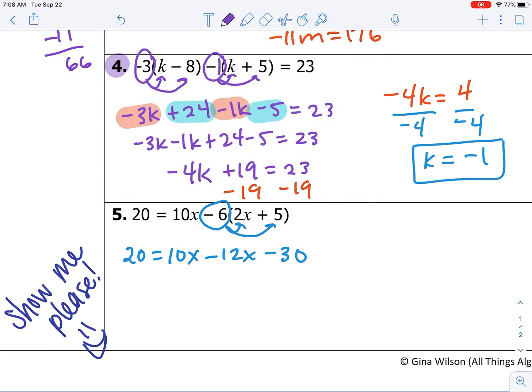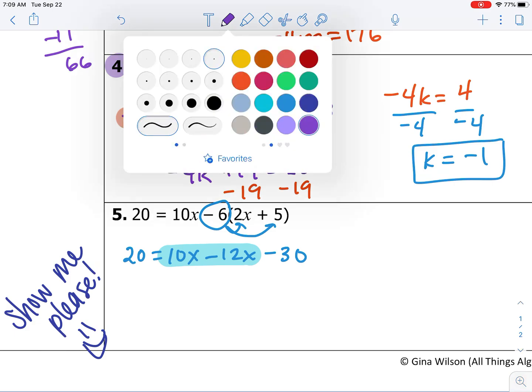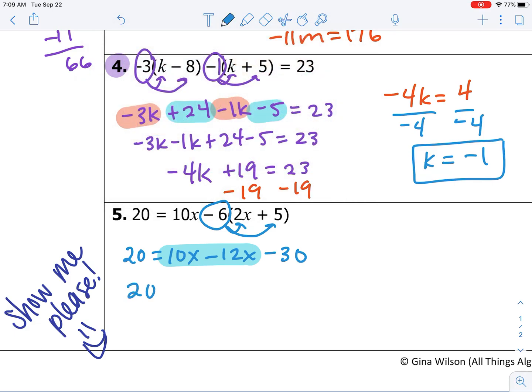So I have like terms that we need to combine. I have 10x minus 2x here. So 20 equals 10x minus 12x is negative 2x. I copy down the negative 30.